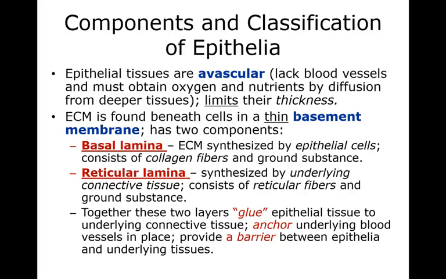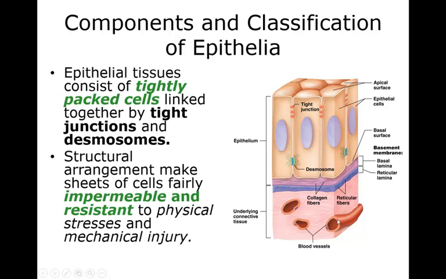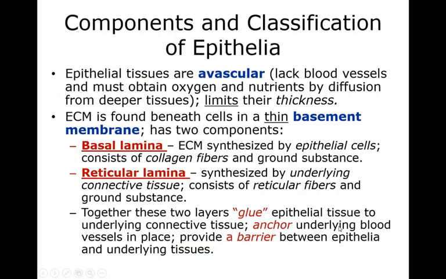Diffusion just says that solutes typically move from high to low concentrations until they balance out. So epithelial tissues depend on obtaining oxygen and nutrients by diffusion from tissues that are deeper to them. So if you look at this image, notice no blood vessels up here. So the tissues here would depend on getting oxygen and nutrients from the blood vessels in deeper connective tissues.